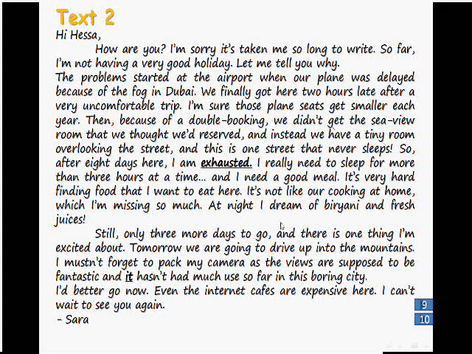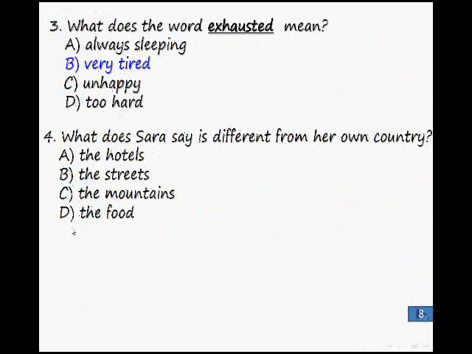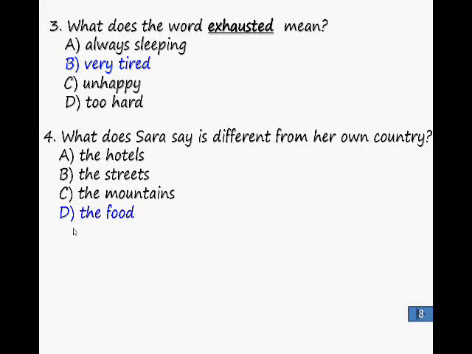I need a good meal. It's very hard finding food that I want to eat here. It's not like our cooking at home, which I'm missing so much. So, what is different? Yeah, sure, it's D, the food.